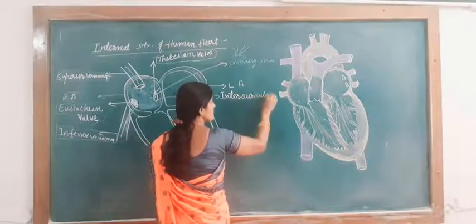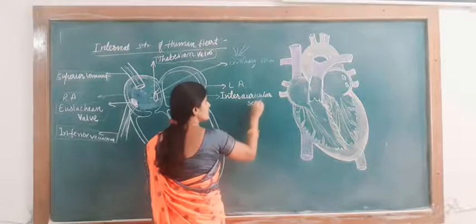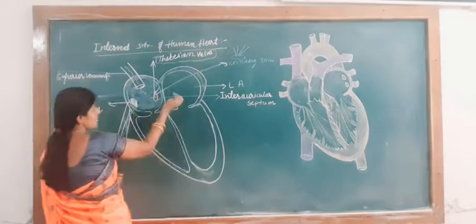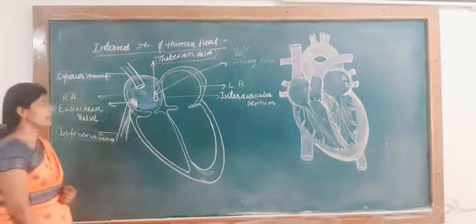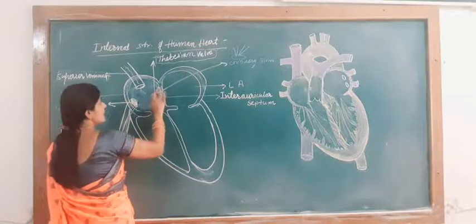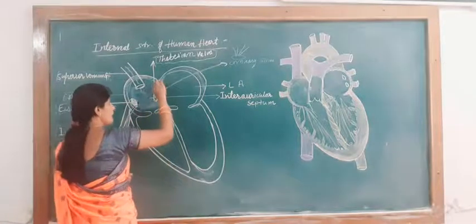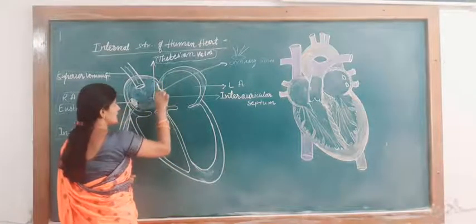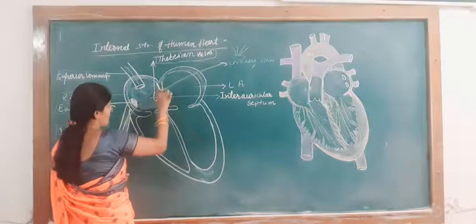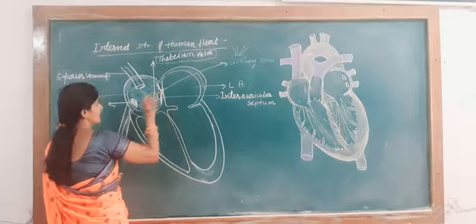This interauricular septum has one depression. This septum will have one depression here.